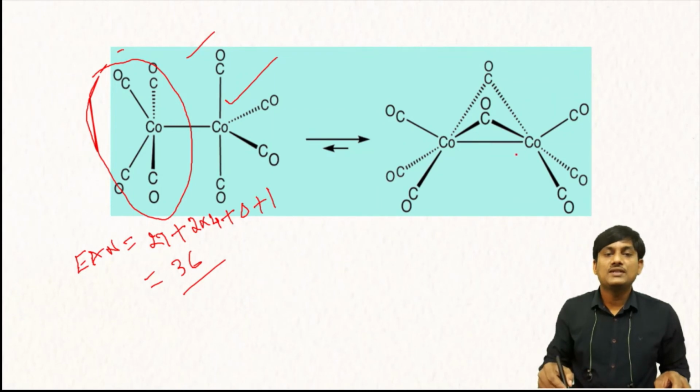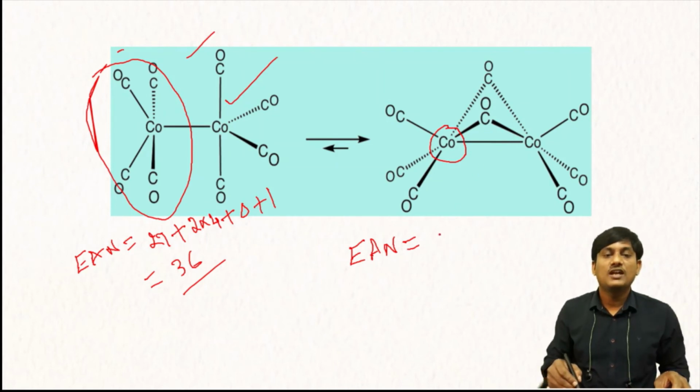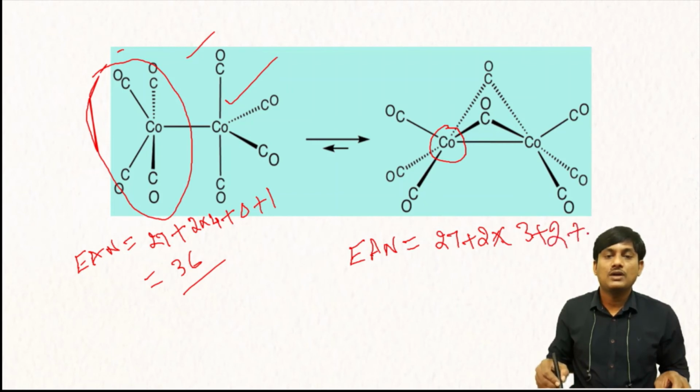Let us take the bridged structure. In the bridged structure, the effective atomic number is equal to this. This one has 3 terminal ligands, 2 bridge ligands, 1 metal bond. The atomic number 27, 2 into 3, 3 terminal, plus 2 bridged, plus 1 metal bond. 27 plus 6 plus 2 plus 1.